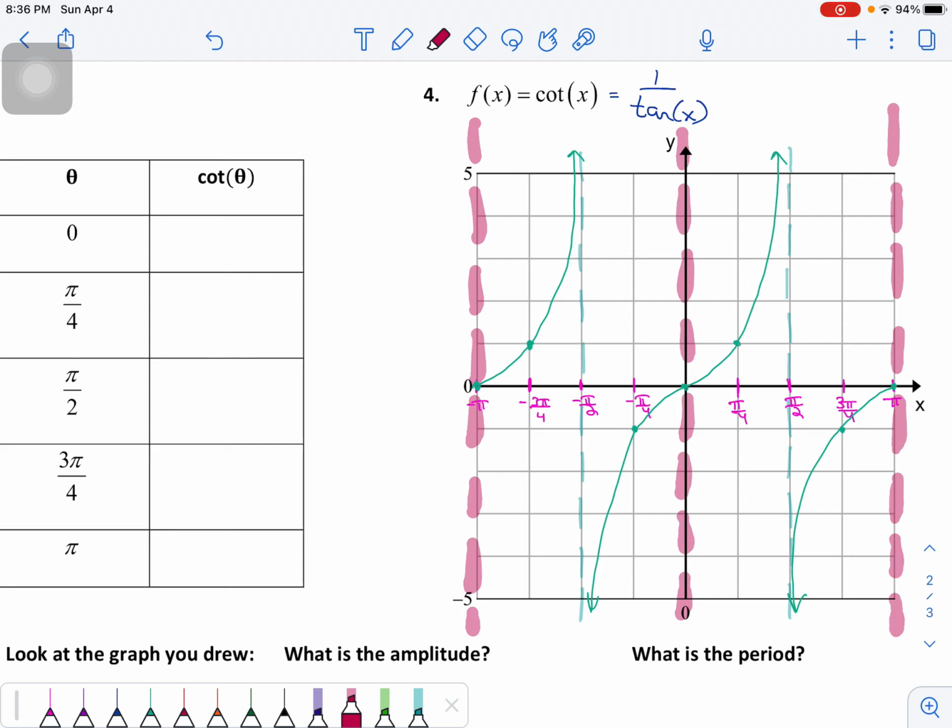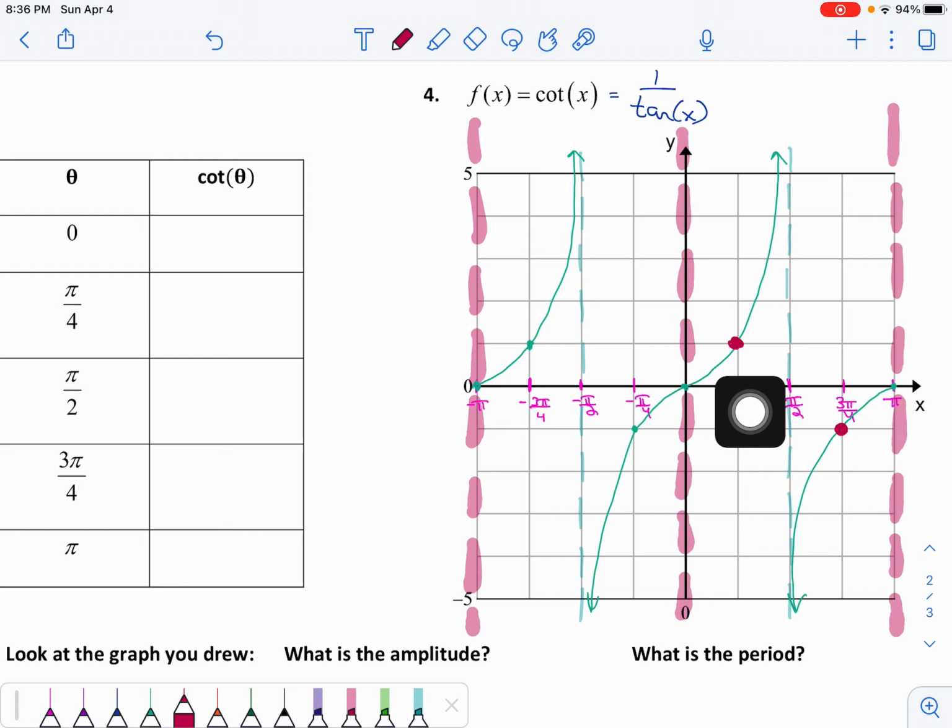Now, if tangent is, let's say, I'm just going to look at this right side right here. If tangent is positive 1, which it is right here, the reciprocal of positive 1 is, well, it's 1. Okay. Right here, tangent is negative 1. The reciprocal of negative 1 is negative 1. Now, this one is a little bit weird, okay, because tangent is undefined here.